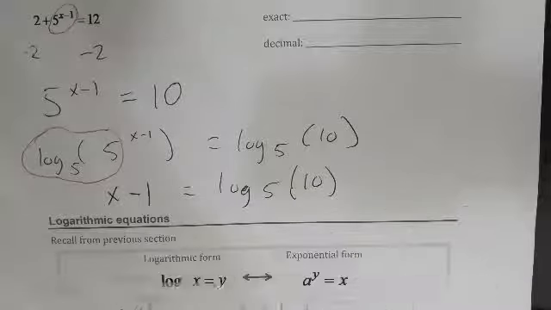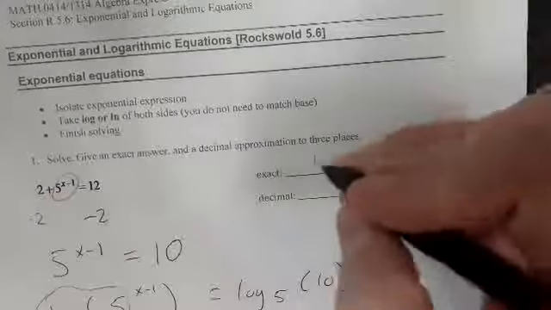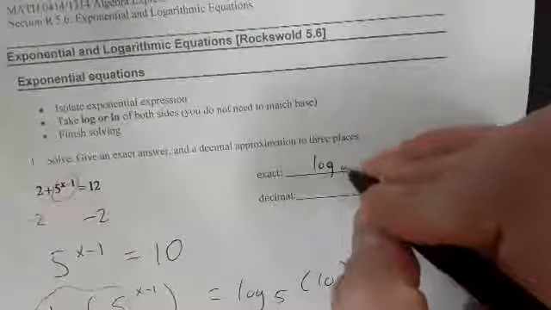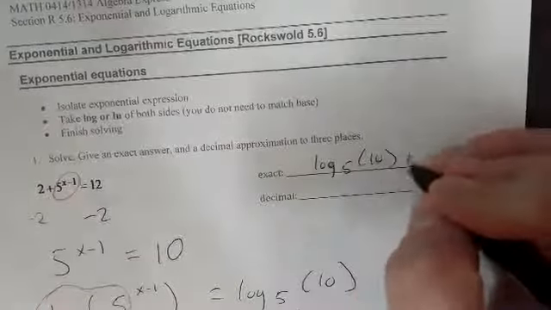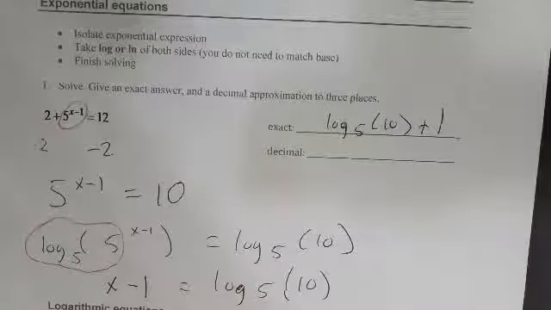Okay, so if I want the exact answer, this is my exact right here: log base 5 of 10 plus 1. And if I want a decimal approximation, I'm going to have to use the calculator, right?